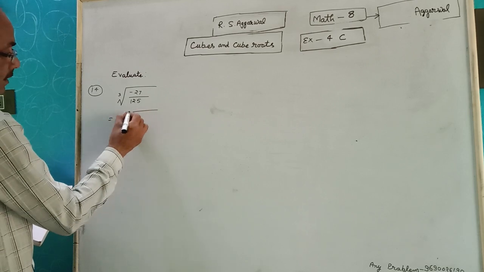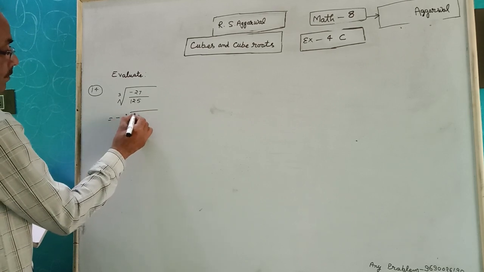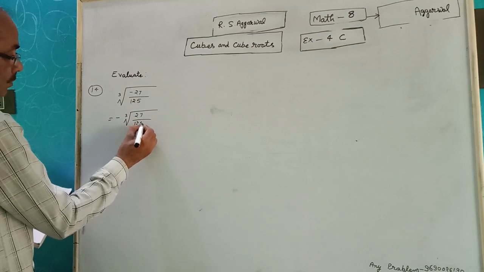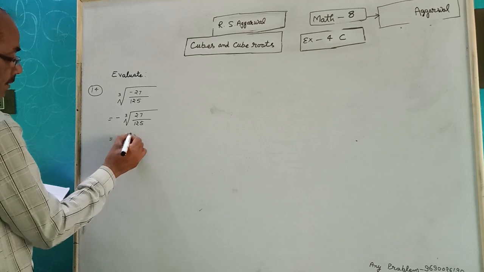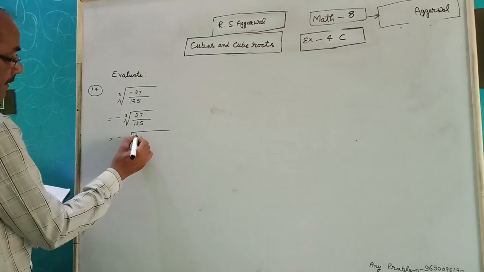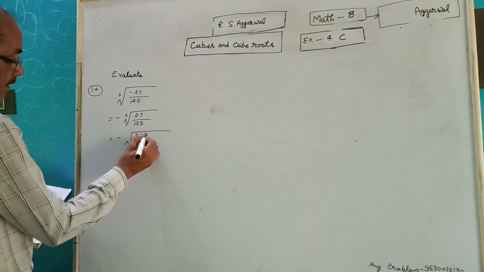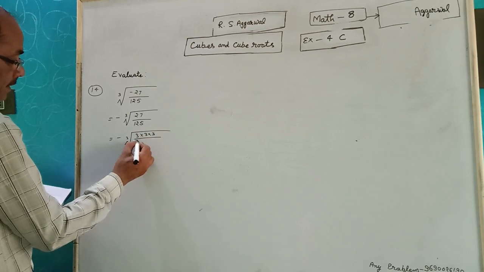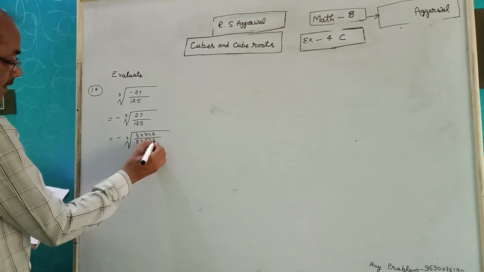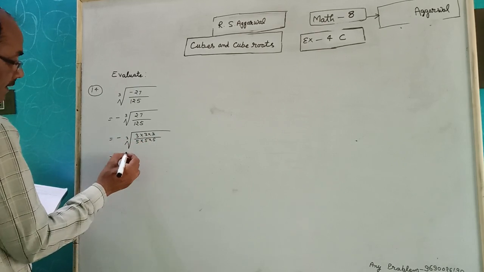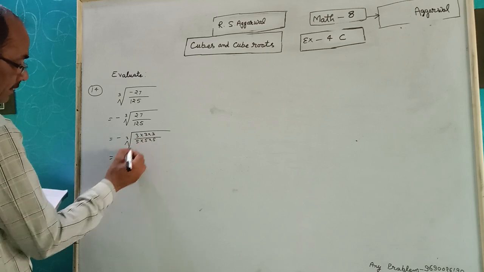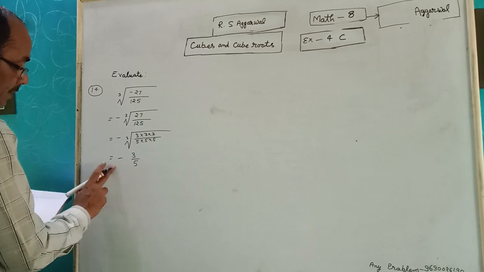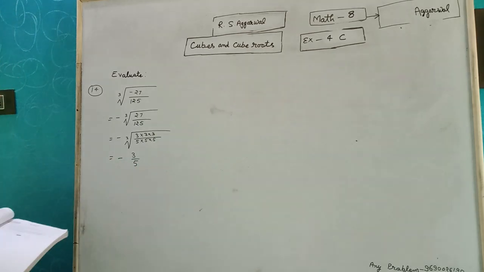Minus put the outside the cube root. Now 27 upon 125. Do the factor. Factor will be 3 into 3 upon 5 into 5 into 5. Minus is outside, pair 3 and 5. 3 will be numerator and 5 will be denominator.